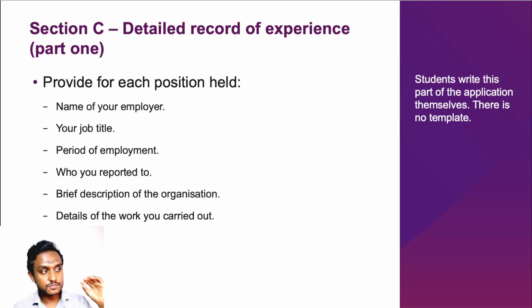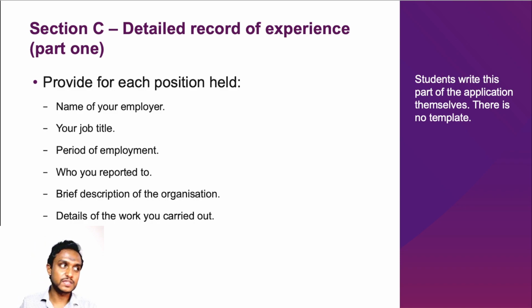For each of these positions held, you must identify the name of your employer, your job title, the period of employment, who you reported to, and a brief description of the organization, an organizational overview. Don't make it extremely lengthy.